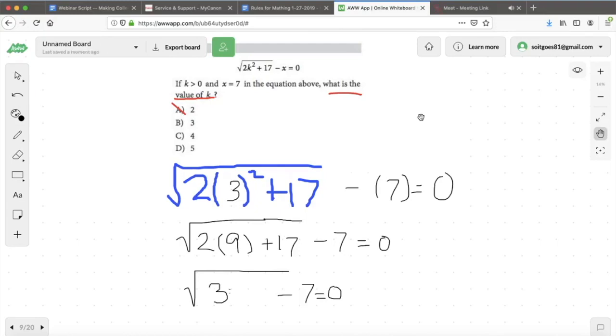Yeah, 3s are tricky sometimes with the touchpad. Is that a true statement? No. And I don't know what the square root of 35 is, but I don't care. We don't need to know that. It's going to be something a little bit less than 6, right? Because the square root of 36 is 6. So something a little bit less than 6, but it's not 0. So the answer choice B is gone.